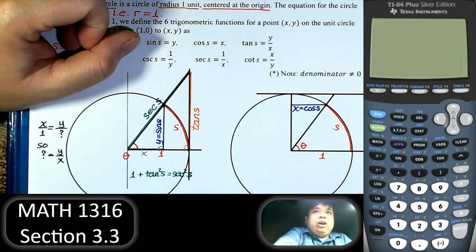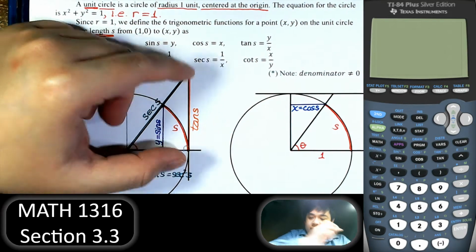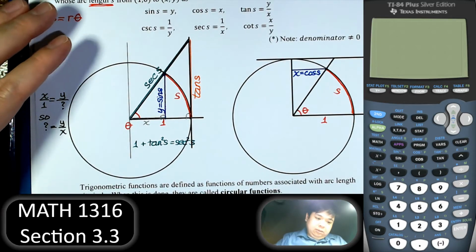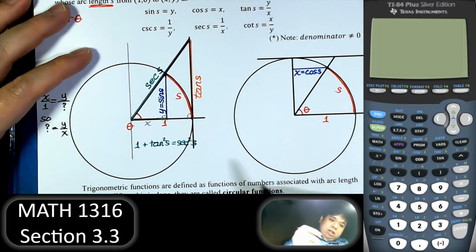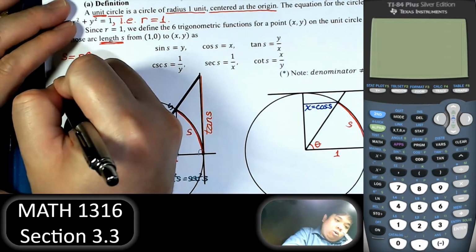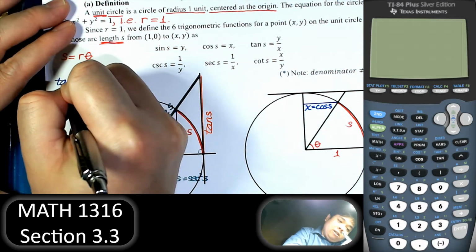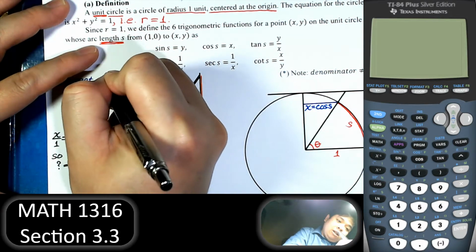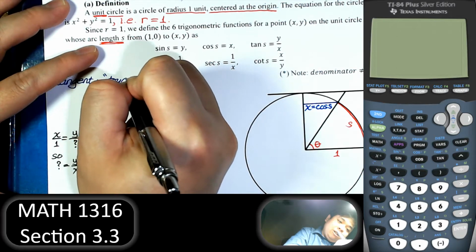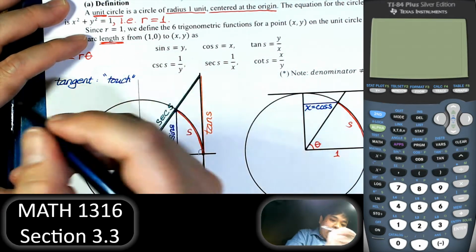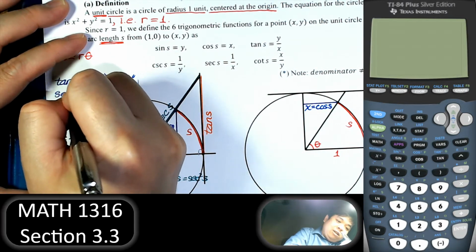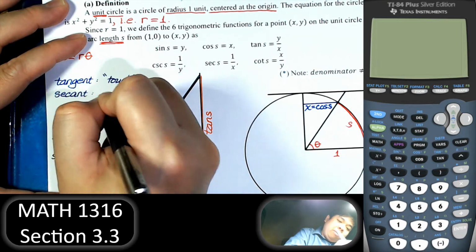So now, the Greek word tangent is from the Greek word meaning touch, and secant from the Greek word meaning cut.